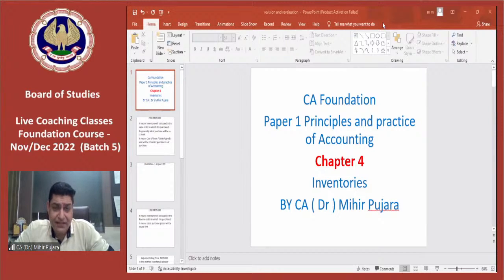As we discussed in the last session, there are two types in which we can maintain inventory records: periodic and perpetual. In periodic, book records and registers are not maintained, so we have to depend on physical counting.